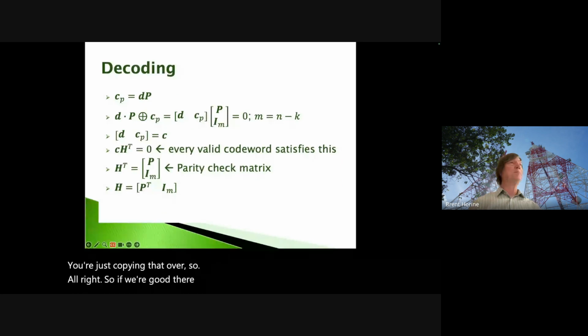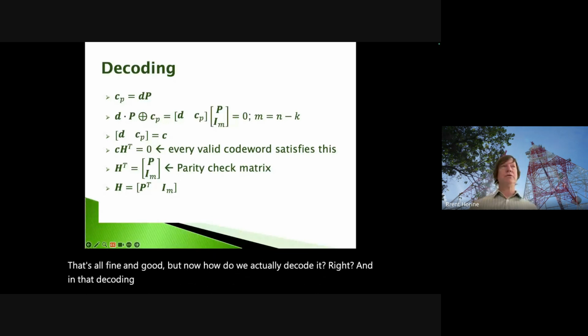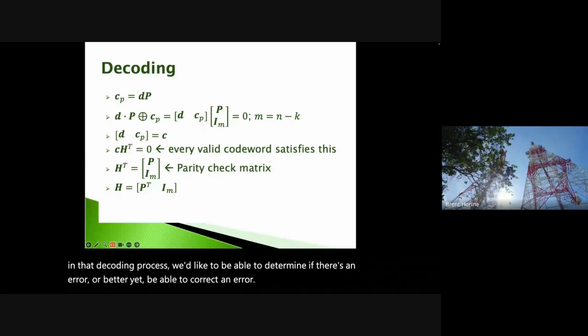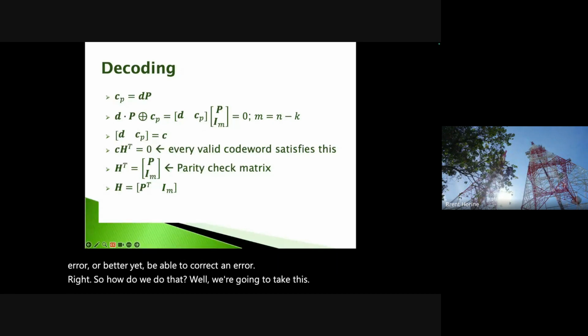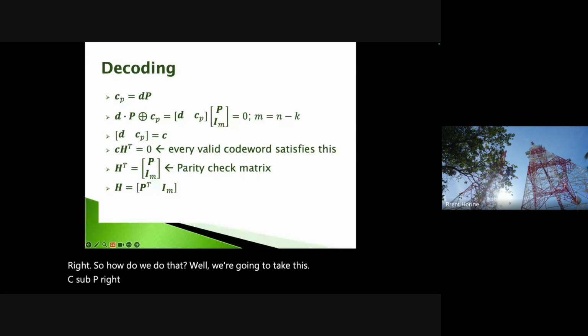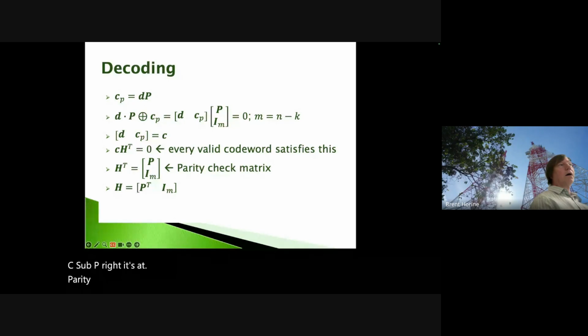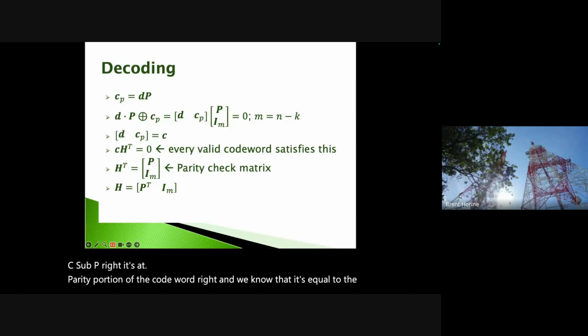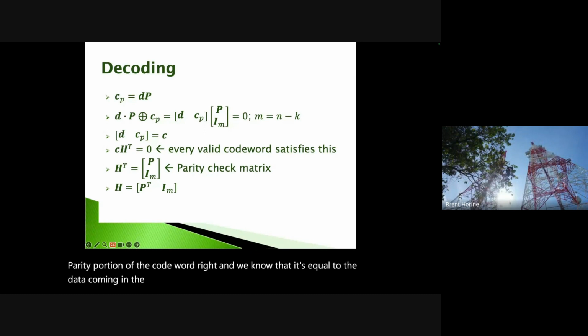But now, how do we actually decode it? In that decoding process, we'd like to be able to determine that there's an error, or better yet, be able to correct an error. So how do we do that? Well, we're going to take this C sub P, the parity portion of the code word, and we know that it's equal to the data coming in, the message D, times the parity portion of that generator matrix.